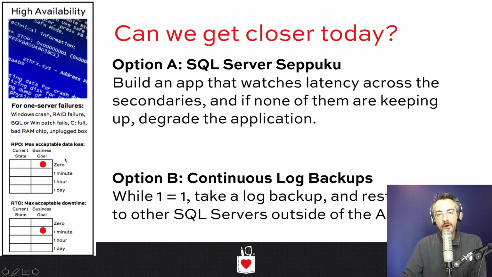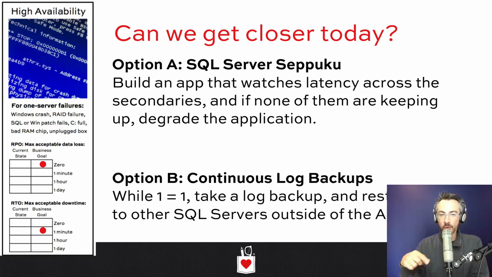Now, there's 3 ways that we could do it. One is that I could have an application simply watch all my secondaries, and if the primary starts to get way ahead of any of the secondaries, or if my secondaries aren't reachable, it takes down the primary and calls it a day. The other way that I could do it is I could continuously do log backups.